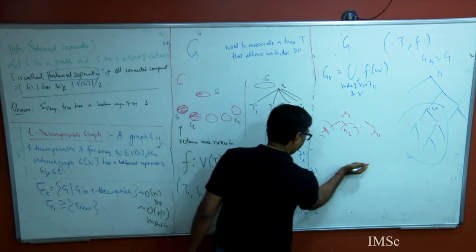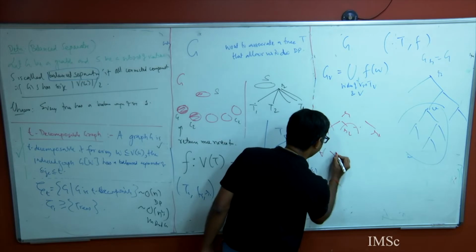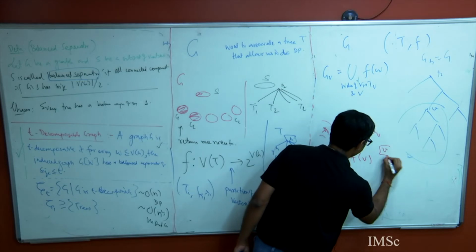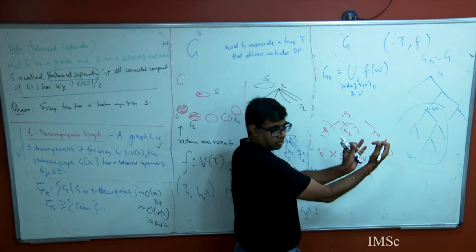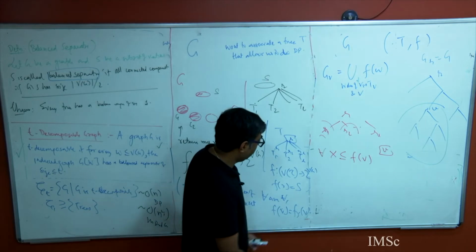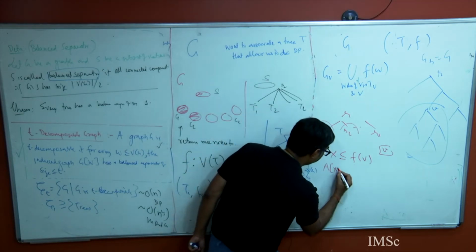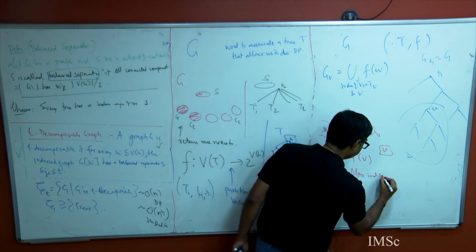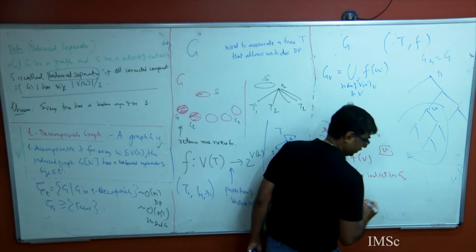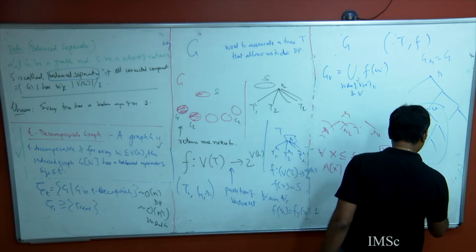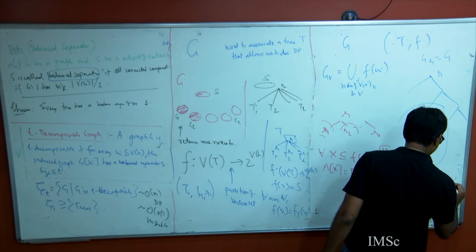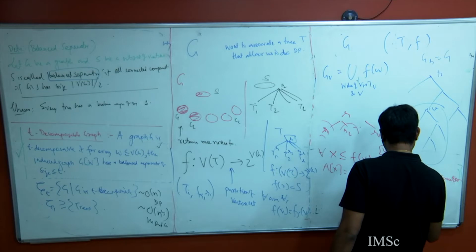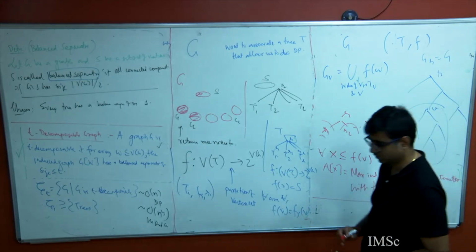For all x a subset of fv, where we have fixed a vertex v, x is some set of associated vertices, and A of x is what I want: the maximum independent set in GV whose intersection with fv is exactly equal to x. It only picks x, nothing more, nothing less.